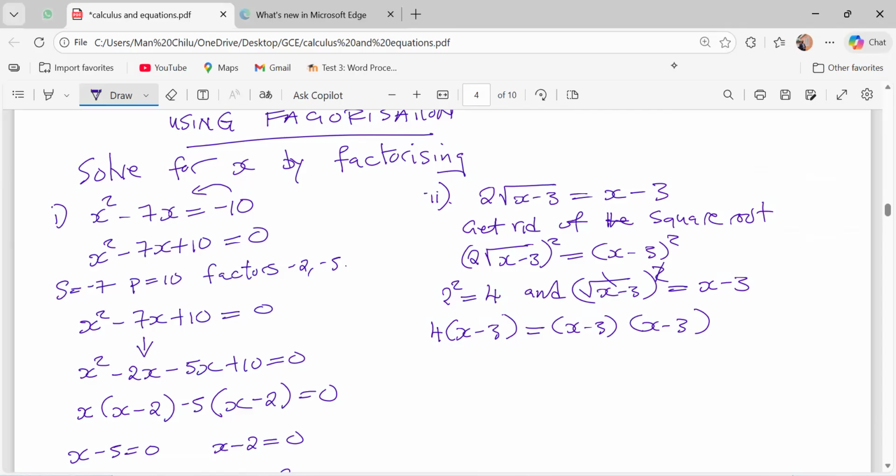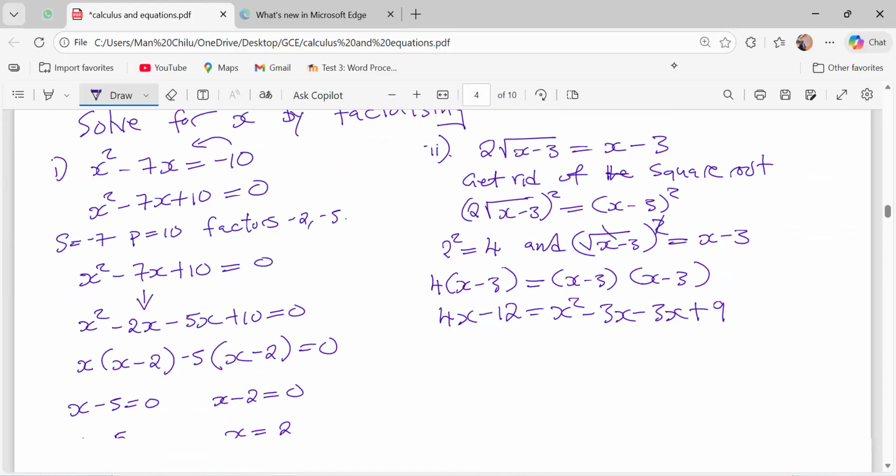So 4 times x, you get 4x. 4 times negative 3, you get negative 12, which is equal to x times x, you get x squared. X times negative 3, you get negative 3x. Negative 3 times x, that's negative 3x. And negative 3 times negative 3, that's positive 9.